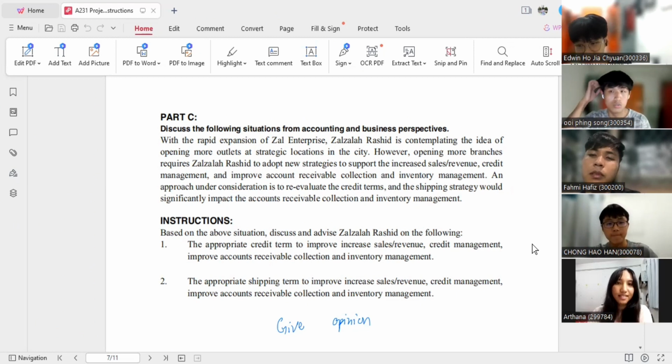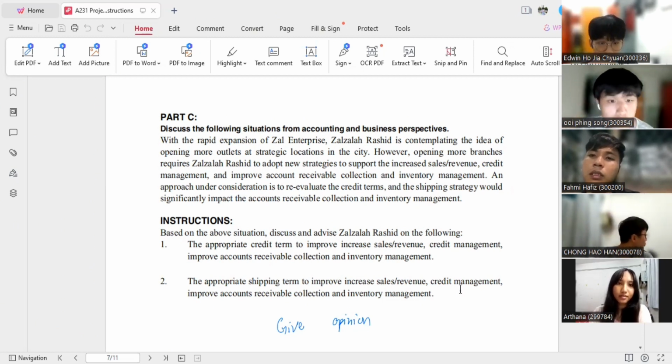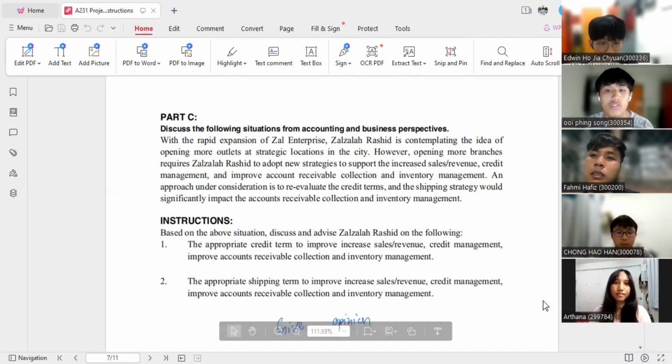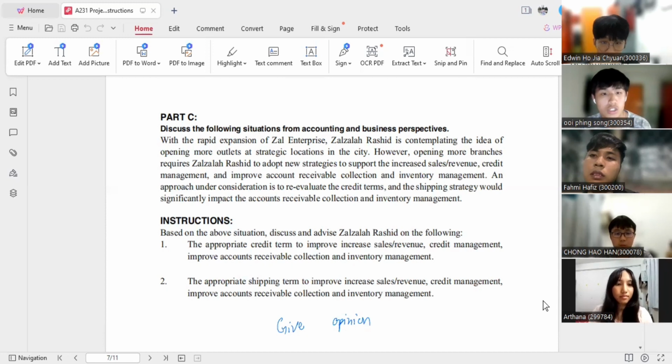Okay, so this is our discussion for number one. Number two, the appropriate shipping term to improve sales or revenue, credit management, account receivable collection and inventory management.